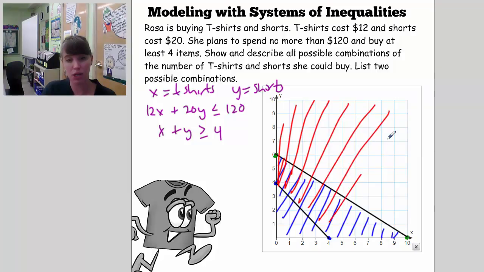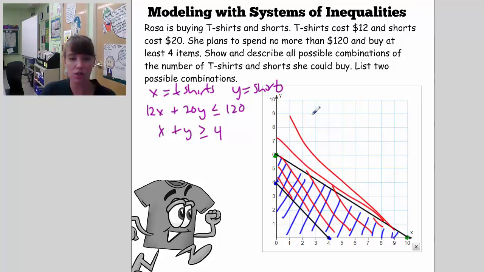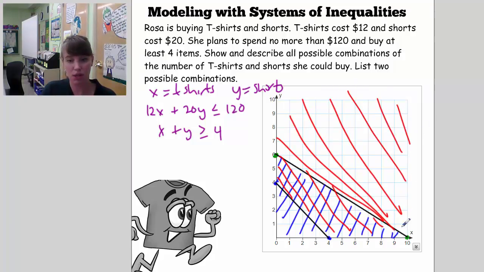That's where this one would be shaded. Sometimes what people do is they shade with a crosshatch, so I should have done that. Here I could have shaded in the opposite direction. And you just need to shade this whole thing up here, because it's all these values where x plus y is greater than or equal to 4.